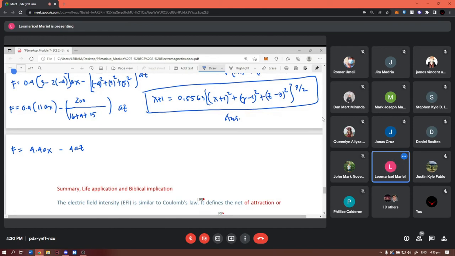So, ang hinahanap ay magnitude lang ni F. De, kunin mo. Ang magnitude ng F ay 4.4 square plus negative 4 square. So, what is the magnitude ni F?